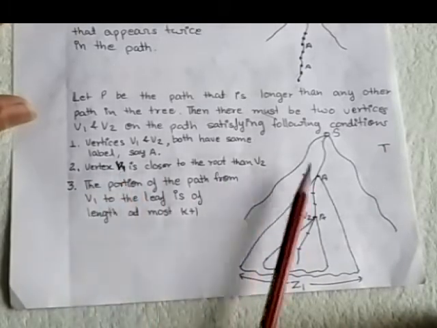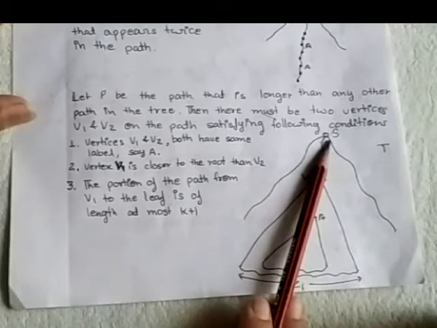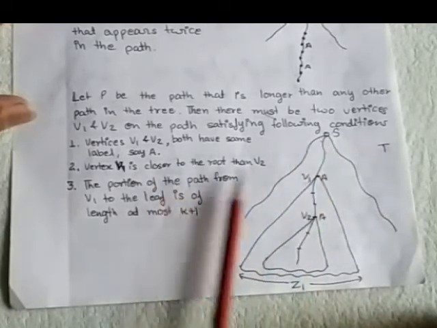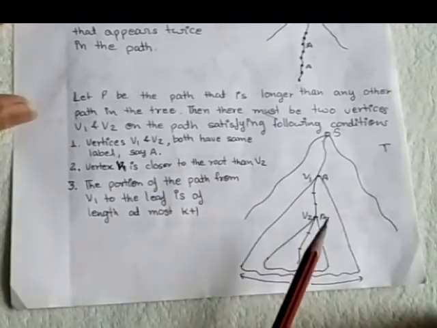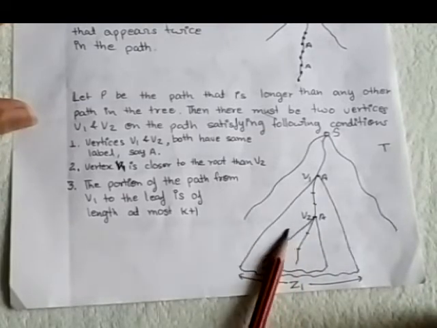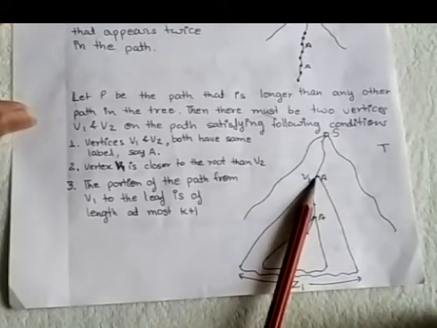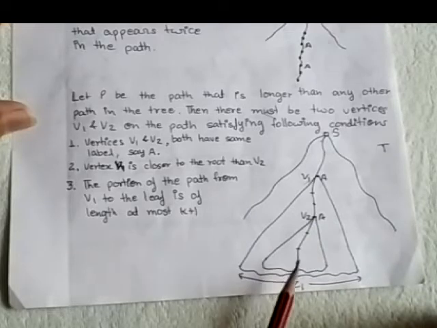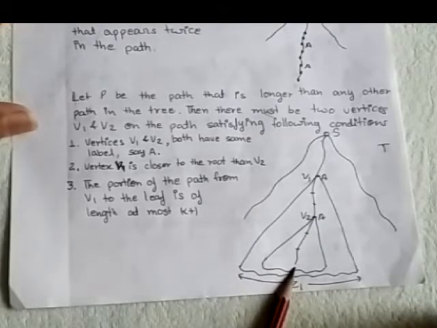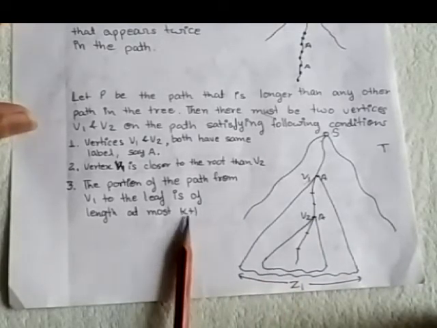Node V1 is closer to the root node as compared to node V2. And the third condition is that the length from node V1 to the leaf node should be k plus 1.